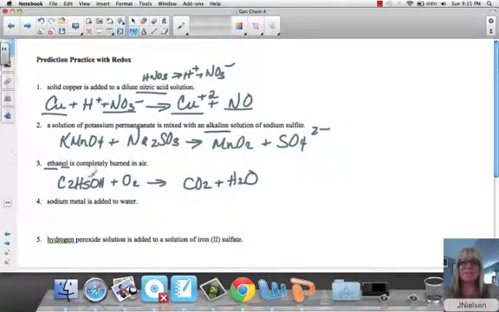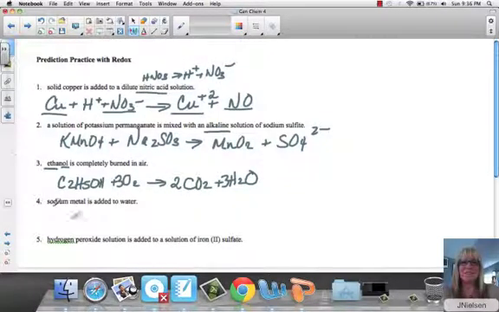And this would be 2, 3. We need a 3 here because we've got 5 and 1 is 6 H's, and we've got 3 oxygens here, times plus 4 is 7, 6, and 1 is 7.